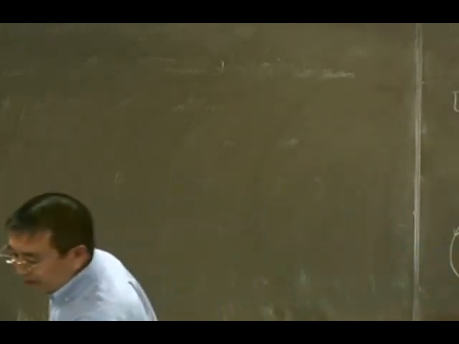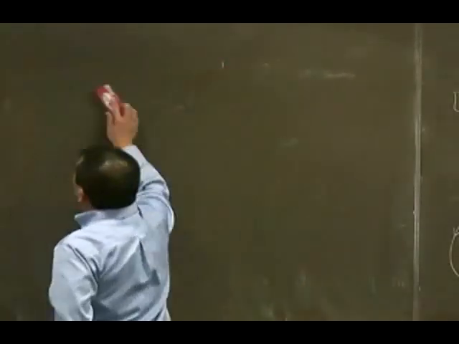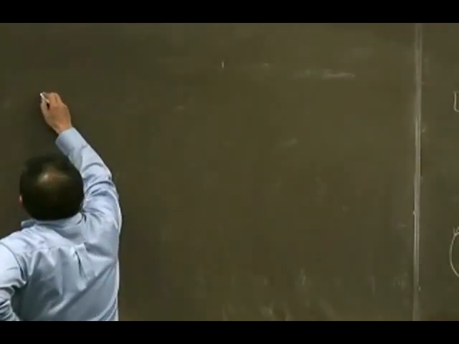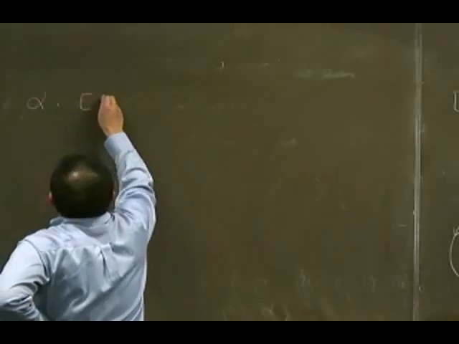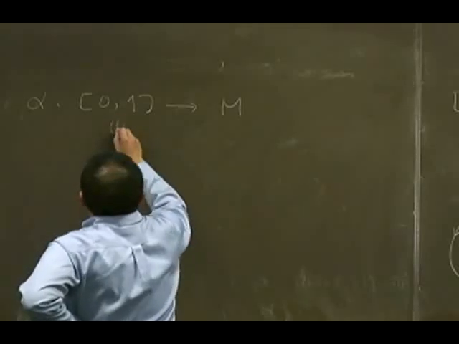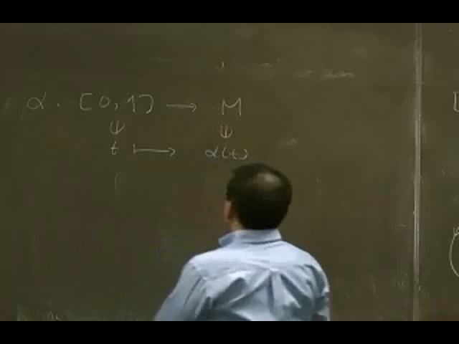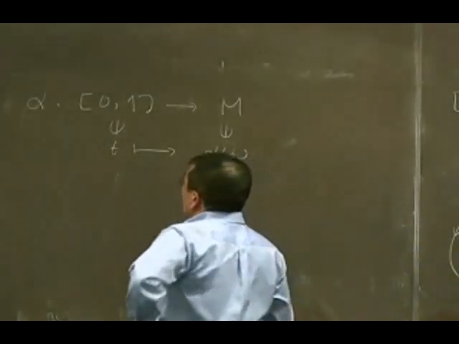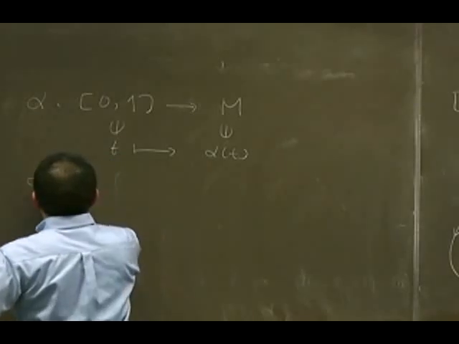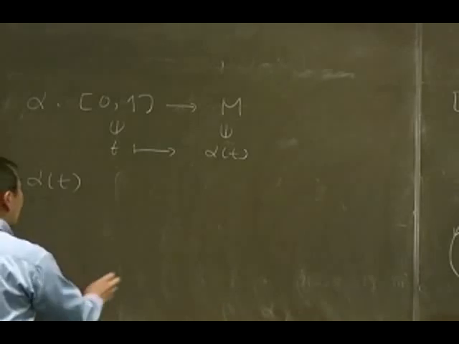So he was asking why the parameterization has to be monotonically increasing. Okay, so let me try to answer that question. Alpha is supposed to be a map from 0, 1 to M. So it's coordinate t, and then it's alpha of t. This defines a certain map. Now suppose I define some other map.